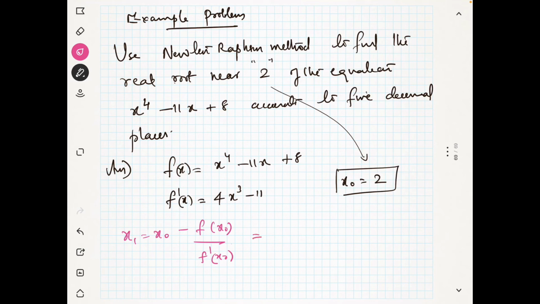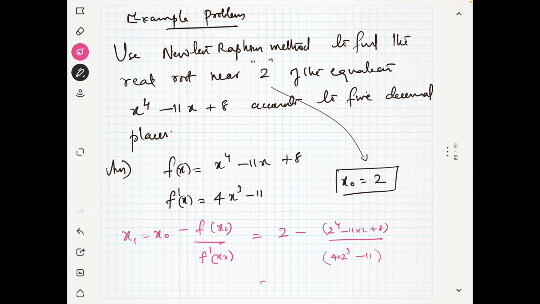So x naught is 2, minus f of x naught. What is f of x naught? 2 power 4 minus 11 into 2 plus 8, divided by 4 into 2 cube minus 11. This is just substituting 2 there.